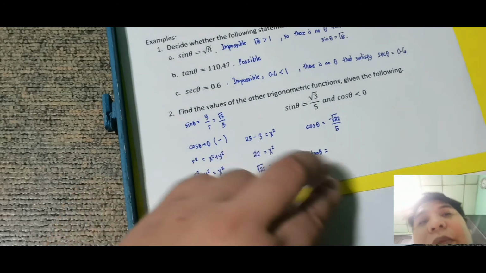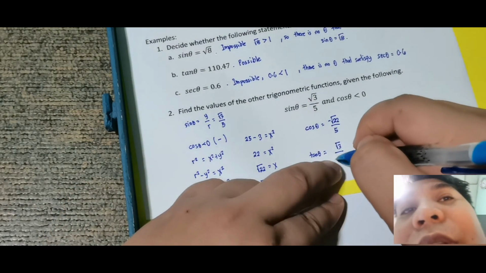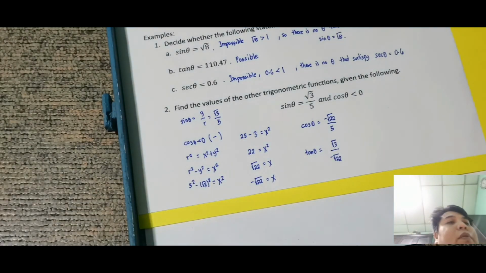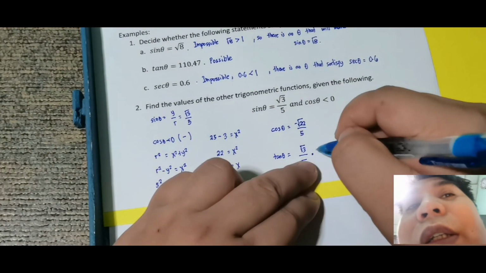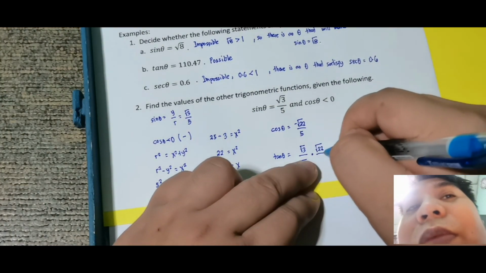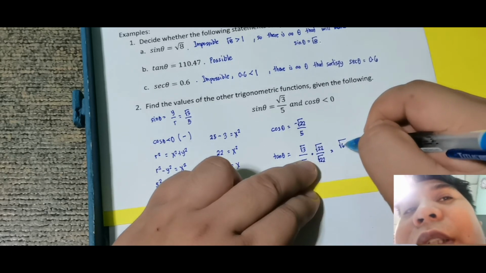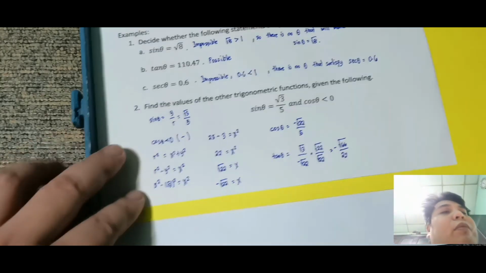So, since negative siya, so this is square root of 3 over negative square root of 22. Okay, so pag ni-rationalize mo, ano siya? That is multiplied by square root of 22 over square root of 22. This is square root of 66 over 22. That's negative. Ayun yung value niya.